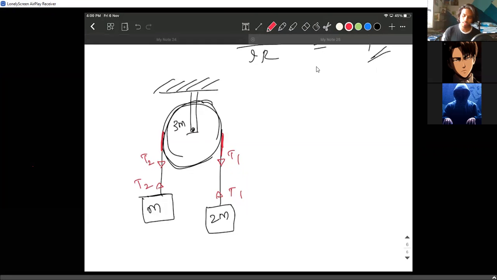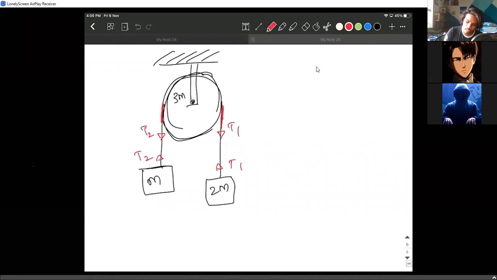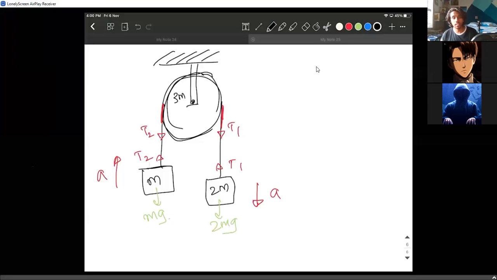What's going to happen? Let us say this system is going to accelerate like this: a downwards, a upwards. Are you ready, guys? I'm going to write all the forces in the system: 2mg, mg. Now I'm going to write all the equations.